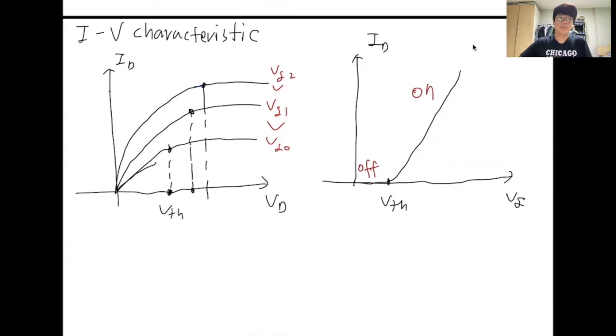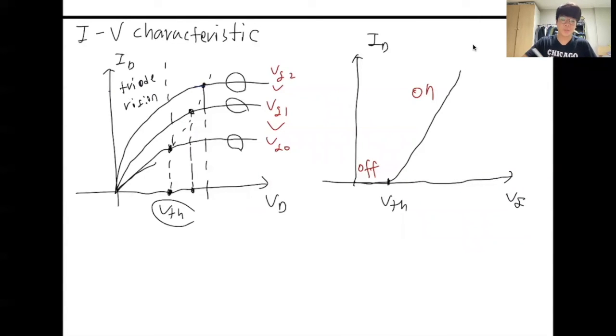If we give a drain voltage up to a certain point, then the MOSFET acts in a resistive state, which we call the triode region. After some point, the current would be saturated. We call it the saturation region.